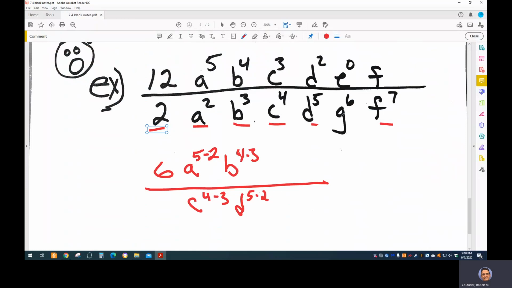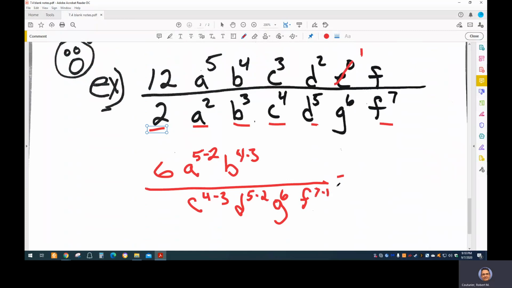G. There's only one G, so it has to stay downstairs. This one's easy. Anything to the power of 0 becomes a 1. So we don't have to write it there. And the F's are bigger downstairs. We have 7 minus 1.